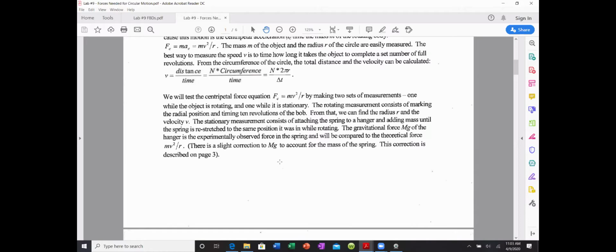So the actual comparison in the lab is not F to mv squared over r, it's F prime. This F prime stuff is worth doing, but it is a very, very small effect on your final numbers because it takes into account the mass of the spring. I'm going to give you the masses in a couple minutes, and you're going to see that the mass of the spring is not 0, but it is pretty small.